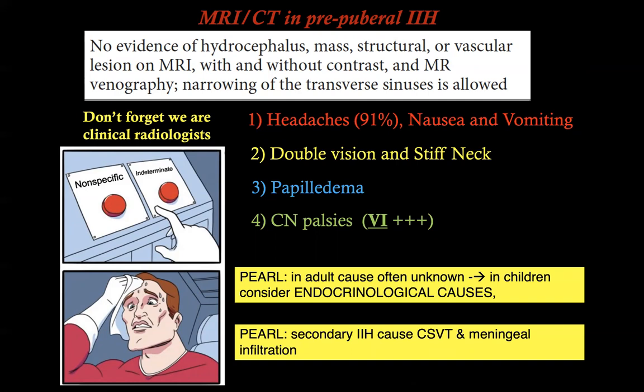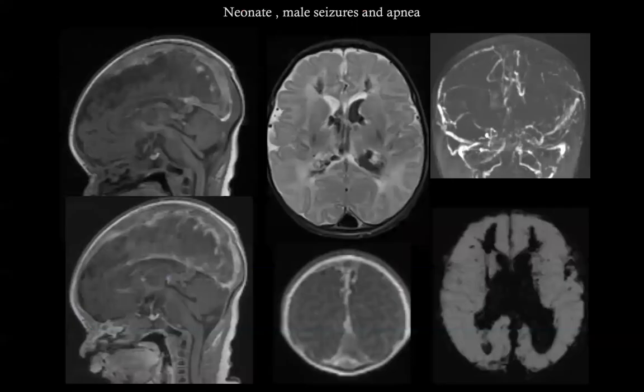IIH can be caused by meningeal infiltration and venous sinus thrombosis. So you need to exclude venous sinus thrombosis, and to do so, you need the right protocol. What we do at GOSH is that we tend to give contrast and do an MPRAGE post-contrast. Why?